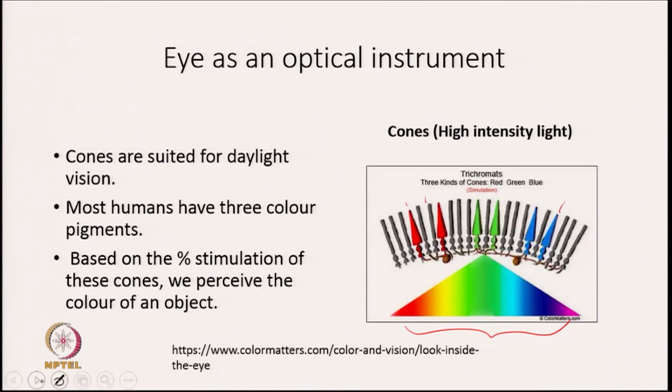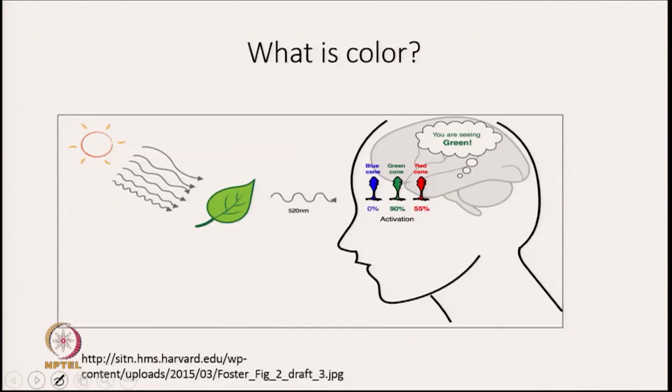So, what I mean by this is, when you see a leaf, it looks green. The reason for it being green is, when electromagnetic radiation, for example from the sun, falls on a leaf, it reflects green color, or light of green wavelength.